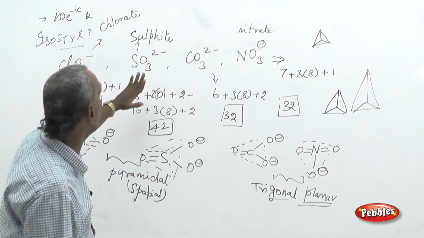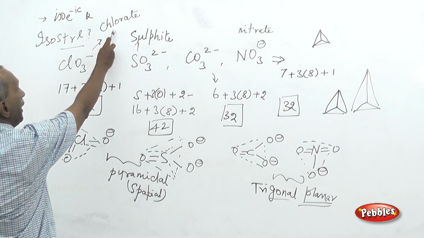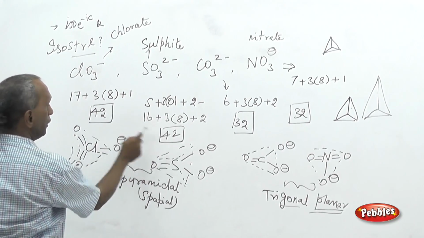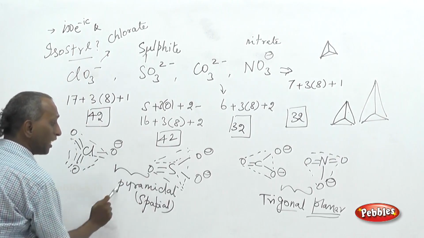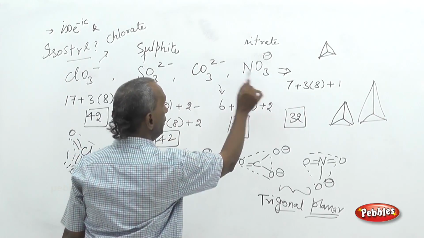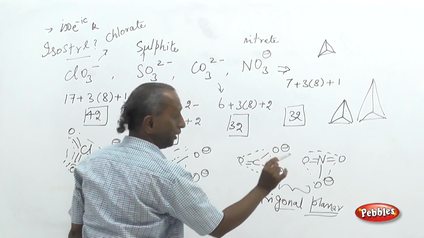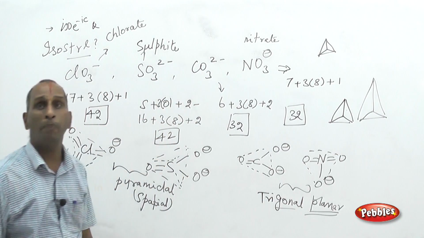As far as this question is concerned, the correct choice is that chlorates and sulfites are isoelectronic with the same number of 42 electrons, and isostructural with the same pyramidal structure, whereas carbonate and nitrate species are isoelectronic with 32 electrons, and isostructural with the trigonal planar structure.